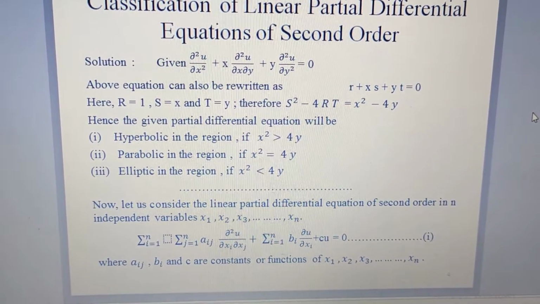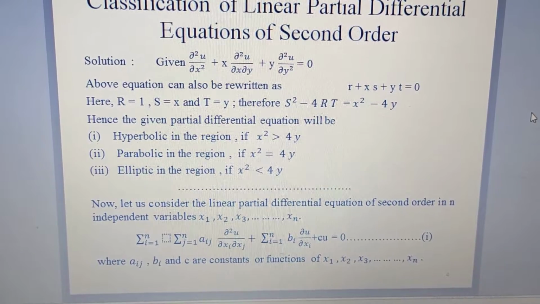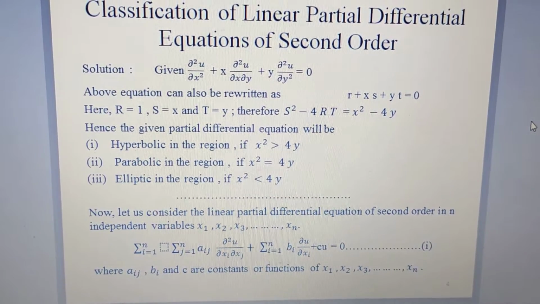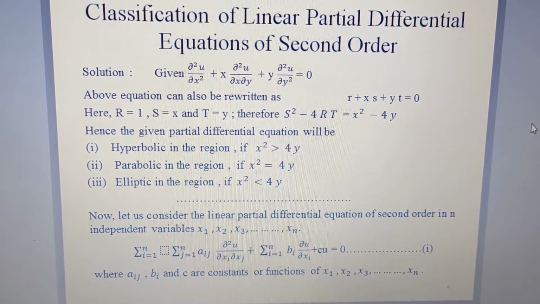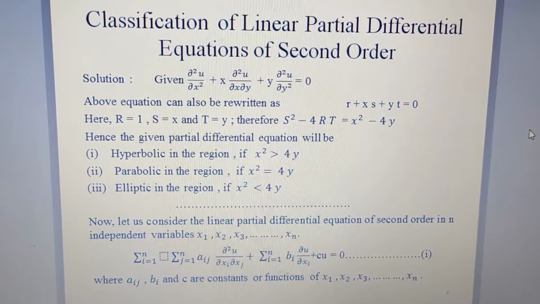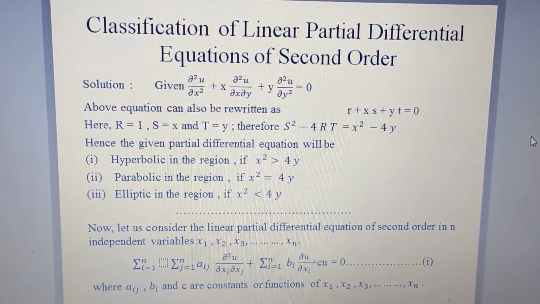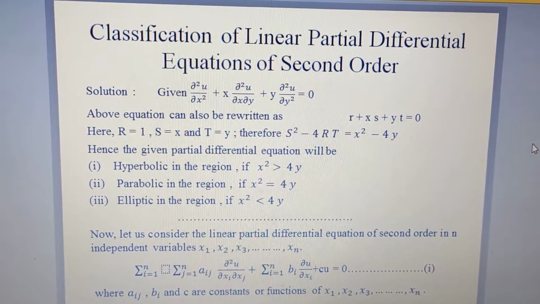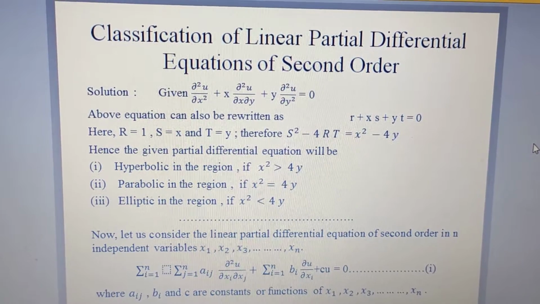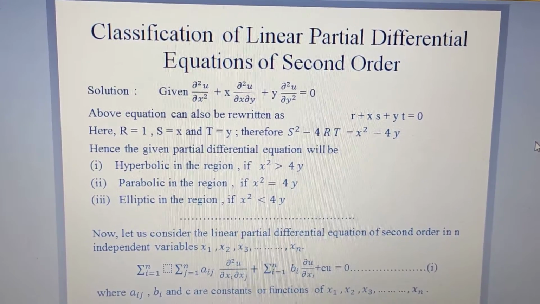Therefore, s² - 4rt becomes x² - 4y. Hence, the given partial differential equation will be hyperbolic if x² - 4y is more than 0, or we can say that x² is more than 4y. Parabolic if x² - 4y equal to 0, or x² is equal to 4y, and similarly in the case of elliptic.